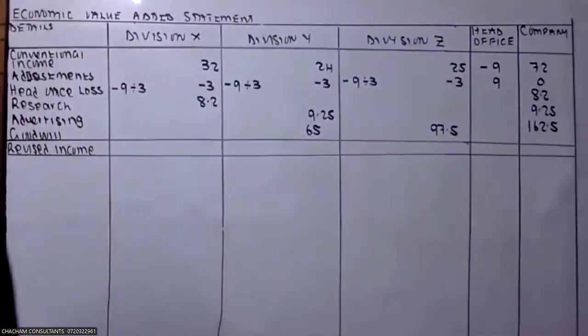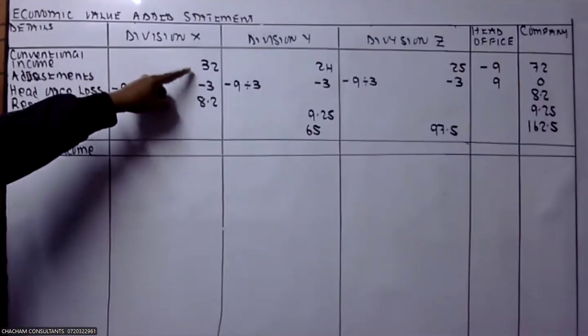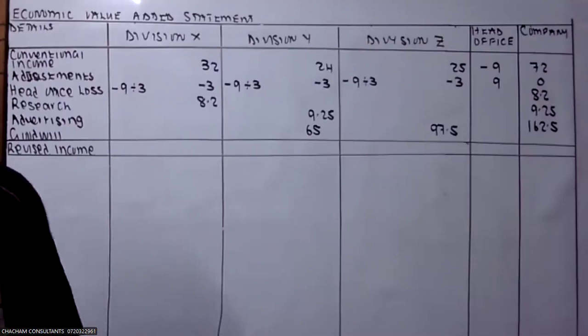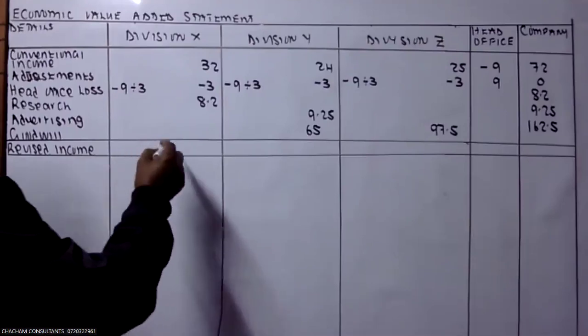So now tell me, this that 2 minus 3 plus 8.2 is what? That 7.2.